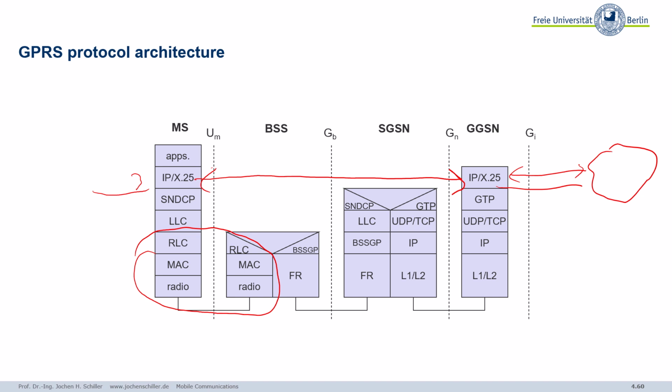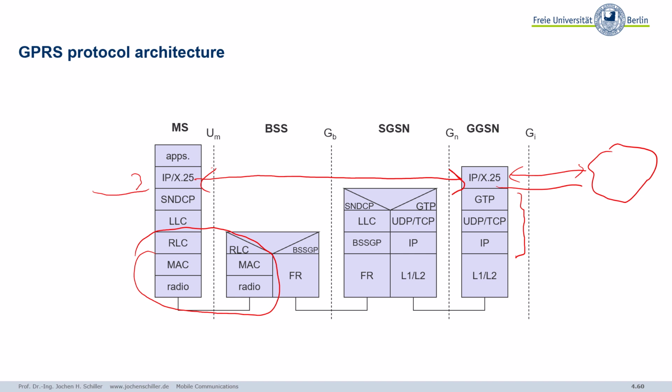So we use tunneling protocols, and we can use UDP, TCP, and IP again, because we need a layer 3 protocol inside the network. As you see, your user data is encapsulated in several other protocols, but from the end system perspective, this is kind of transparent. Okay, we have a maximum packet size and all these problems, but this is kind of transparent transmission from the mobile station into the network and vice versa.